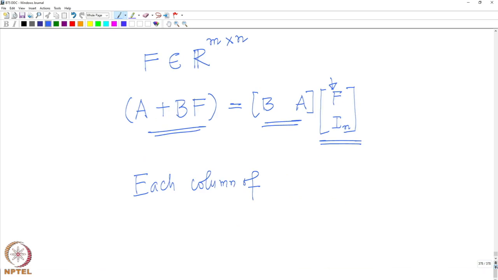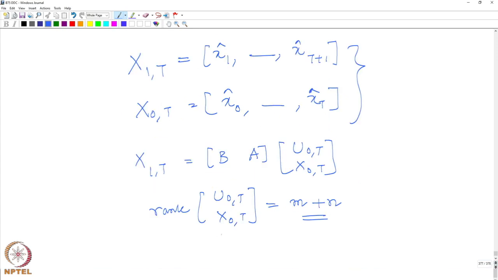Now, each column of [F; I] belongs to R^{m+n}. But we already have a matrix whose image is all of R^{m+n}.